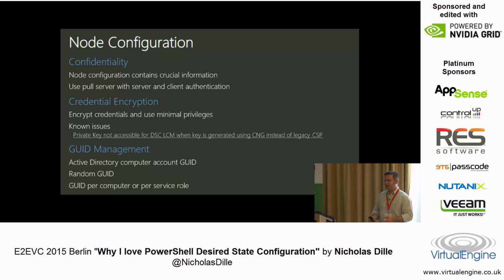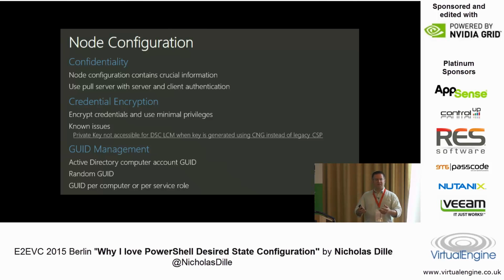Another thing is GUID management. A pull server does not rely on a node name, but on a global unique identifier. So you have to come up with some kind of way to manage those GUIDs. That is something that Microsoft has not solved for you. You have to come up with a solution. You can use a GUID from Active Directory, but then you have to use domain joined computers.